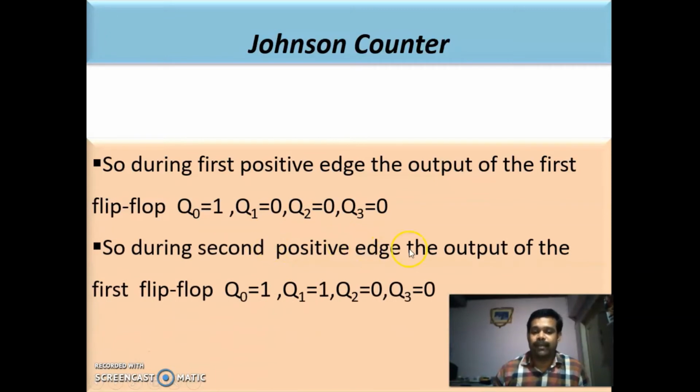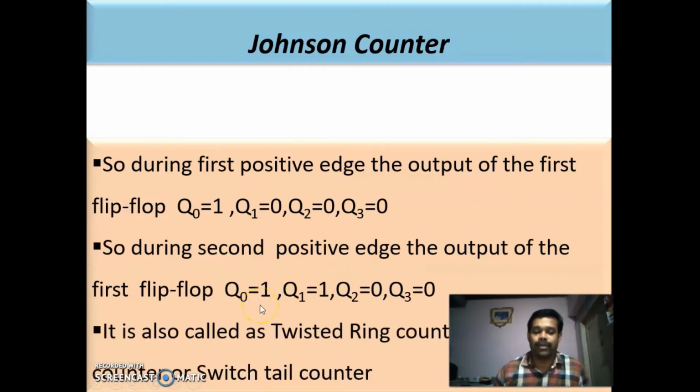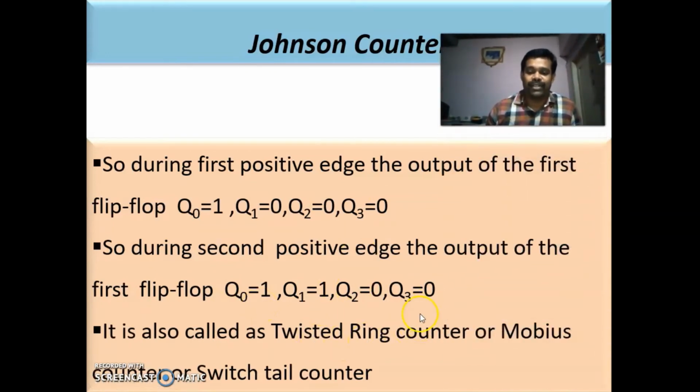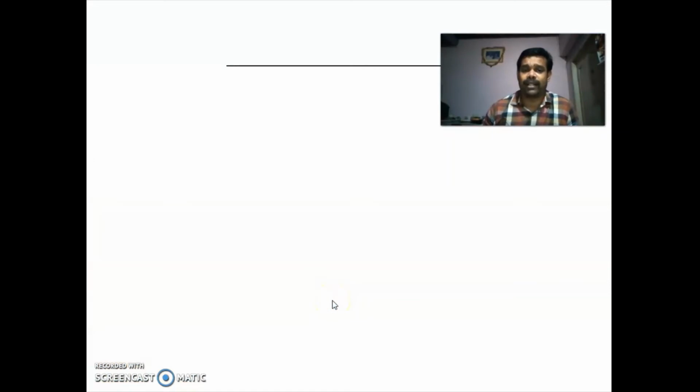During the second positive edge, 1 1 0 0 is the output. This Johnson counter is also called a twisted ring counter, Mobius counter or switch tail counter.